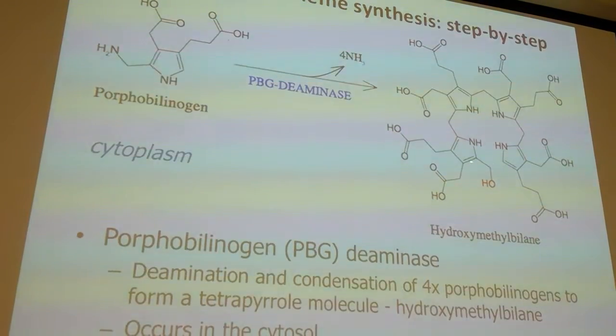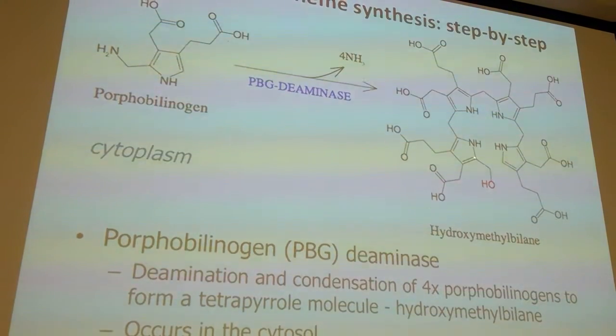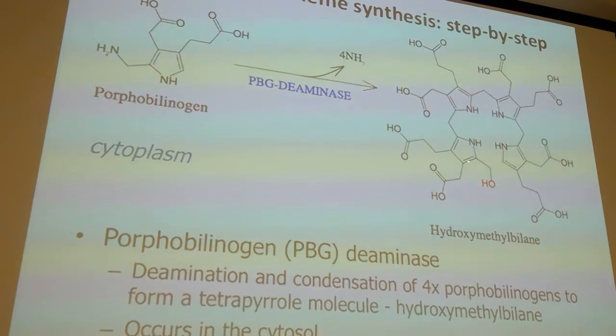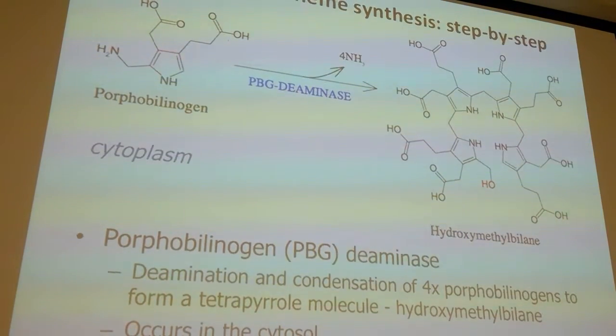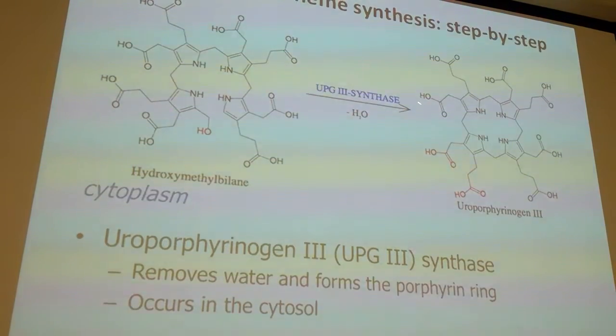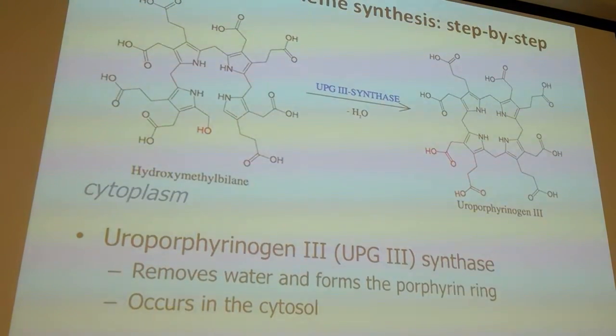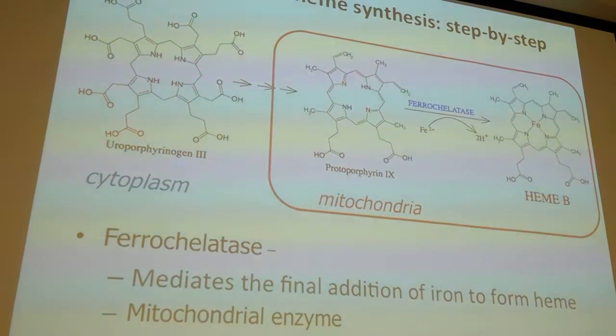We now have a tetrapyrrole molecule, but it's not joined quite yet. Okay? So we've joined together these chiral rings into a tetrapyrrole molecule, and finally uroporphyrinogen III synthase, also in the cytoplasm, can link these together, and we have a completed porphyrin ring. Right? Again, this is occurring in the cytosol. Okay, and so there are a variety of different reactions that modify this structure.